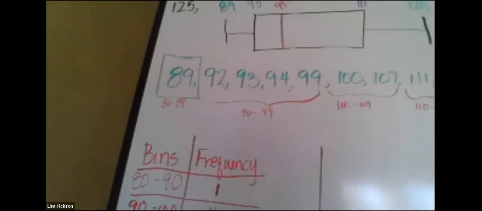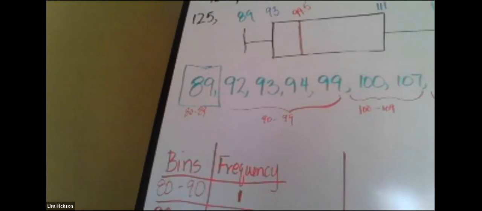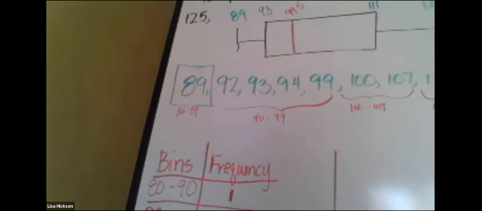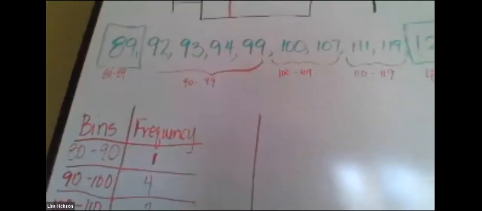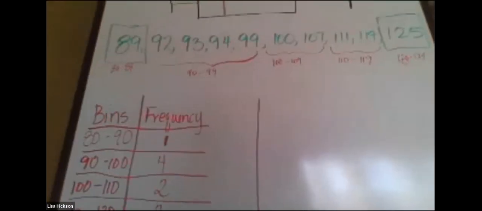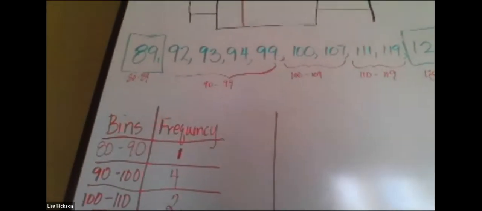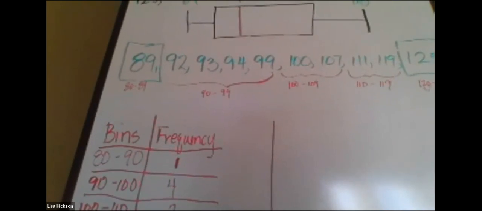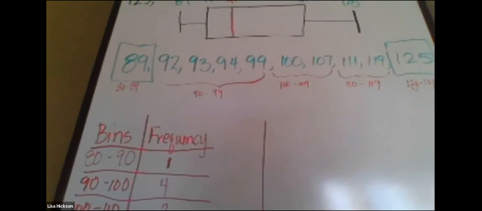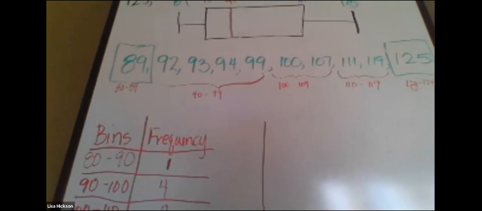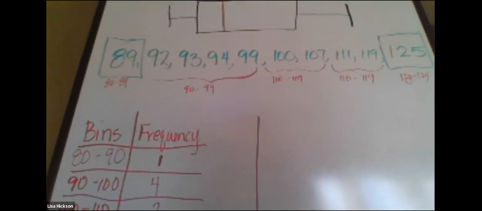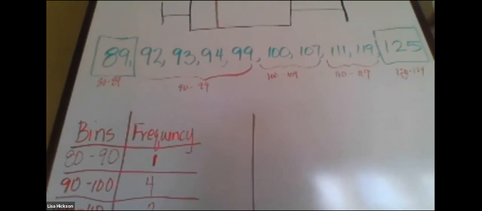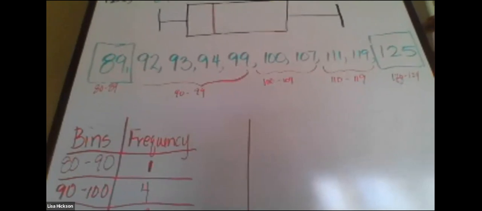So your frequency table. Remember, the bins go across the bottom. So we started at 80. Then we went to 90. Remember, you tried to space your graph so that they are equal distance apart. 100, 110, 120, 130. That's the end.